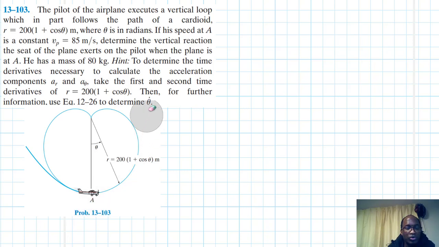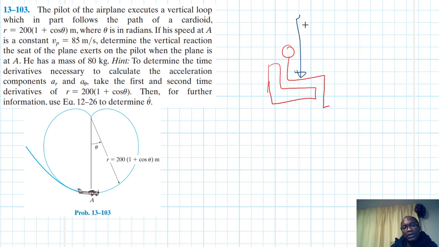Great. So let's draw the free body diagram. We have the pilot seated. If this is the seat and this is the pilot, we have the weight of the pilot, and if we separate this, we have the reaction from the seat like so.